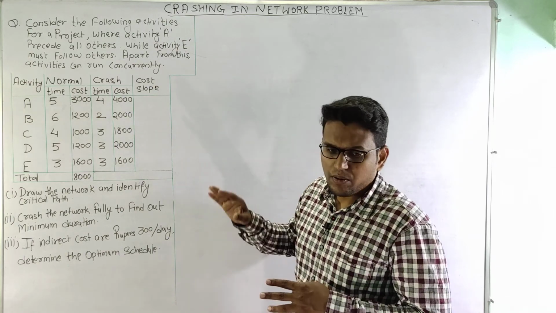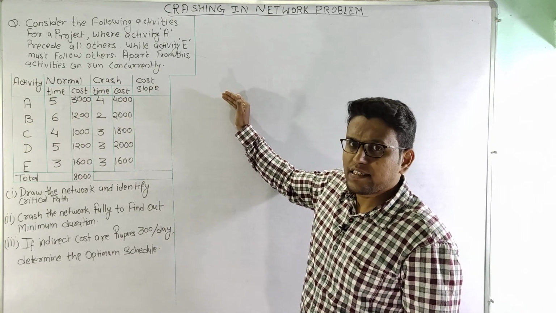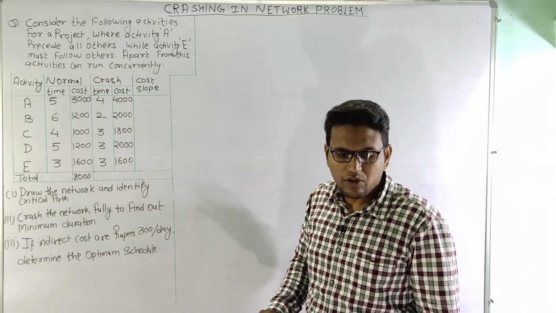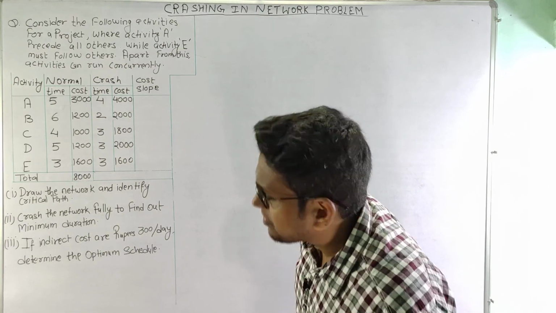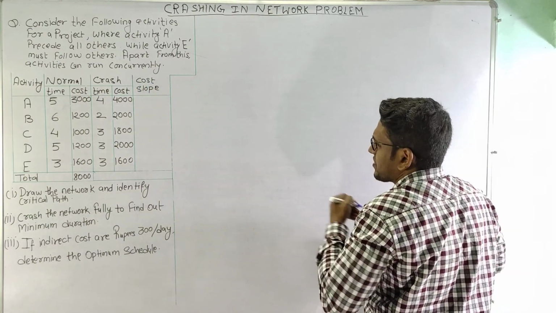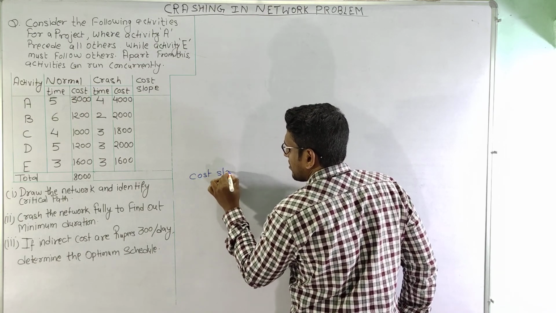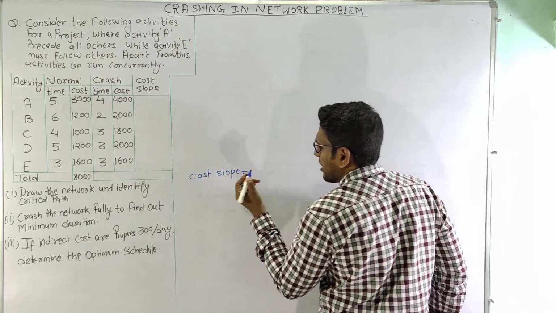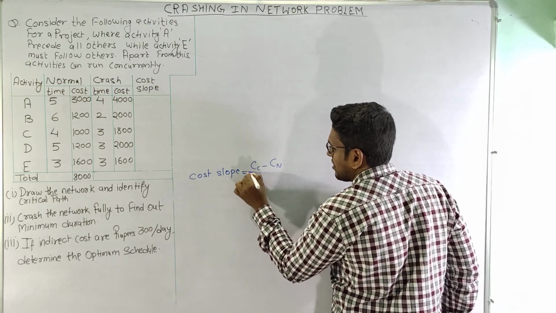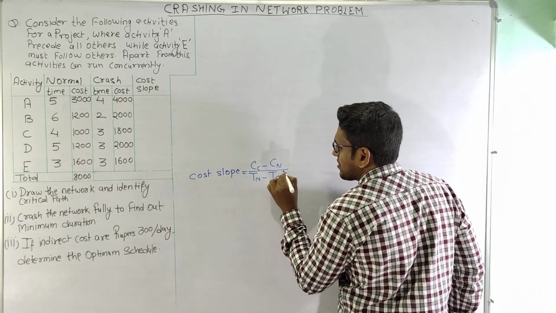So let us understand how to solve this problem. In order to crash an activity we must find another variable which is known as cost slope. The cost slope can be represented by the formula (Cc − Cn) / (Tn − Tc).